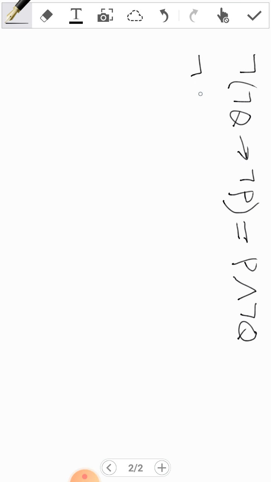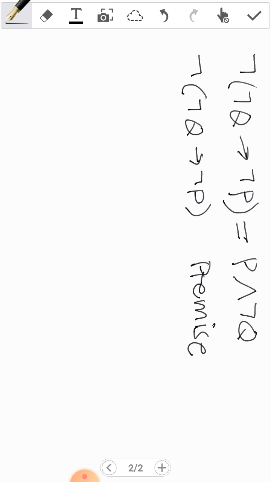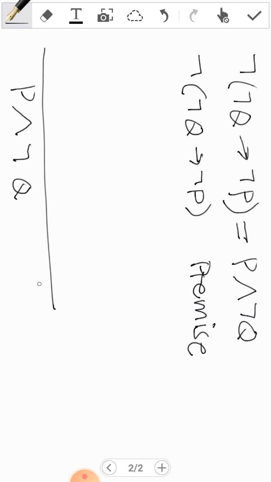We can now have the left side as not Q implies not P, which will now serve as our premise. And then we now let P and not Q be our conclusion.